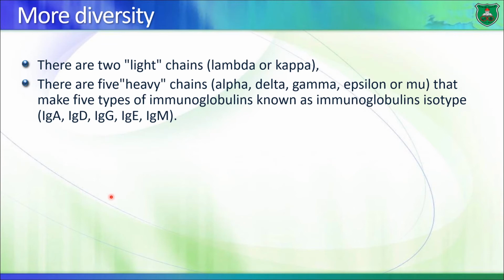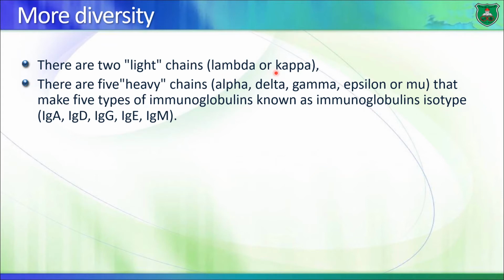Now, one level of diversity that can be created in immunoglobulins is in both the light chain and the heavy chain, and here I'm talking about the constant region, not the variable region. For the light chains, there are two types or two genes, and these are known as lambda and kappa.